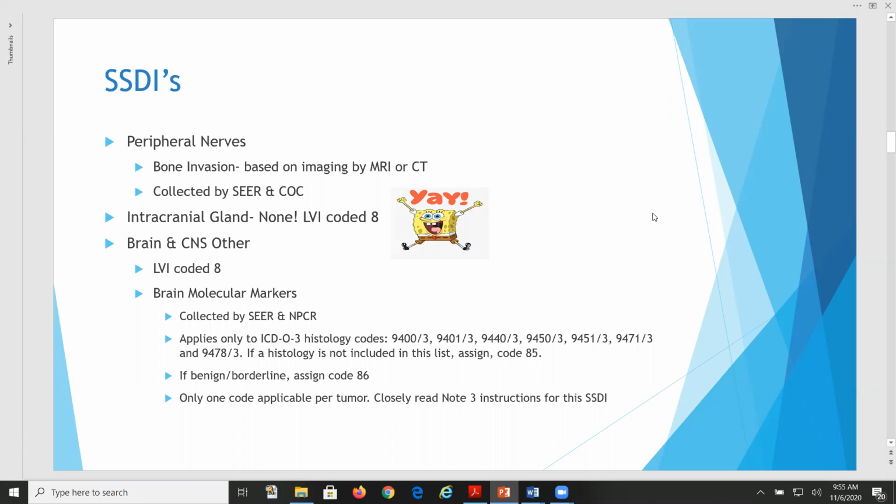We have brain molecular markers, which is required by SEER and MPCR. This applies only to the codes named here.